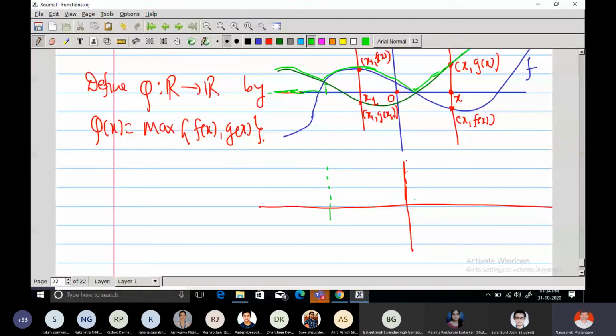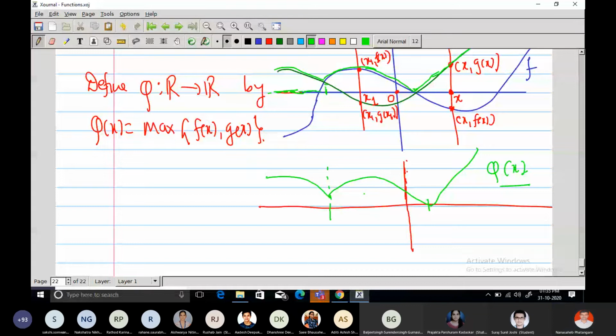I will just replicate these points, and then what is the graph of this phi(x)? Up to this point it is like g(x), after that it is like f(x), and after that it is like g(x). Do you see the graph? Right, this is the graph of phi(x). Okay, the idea is clear. Yes, sir. Right, so that is the maximum, and clearly it is well defined.